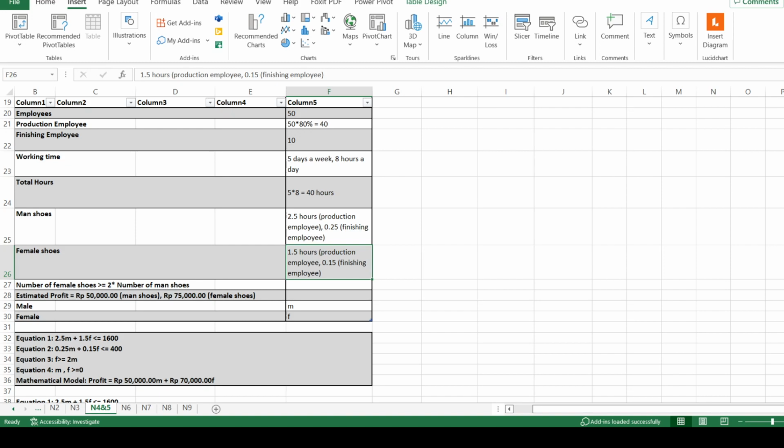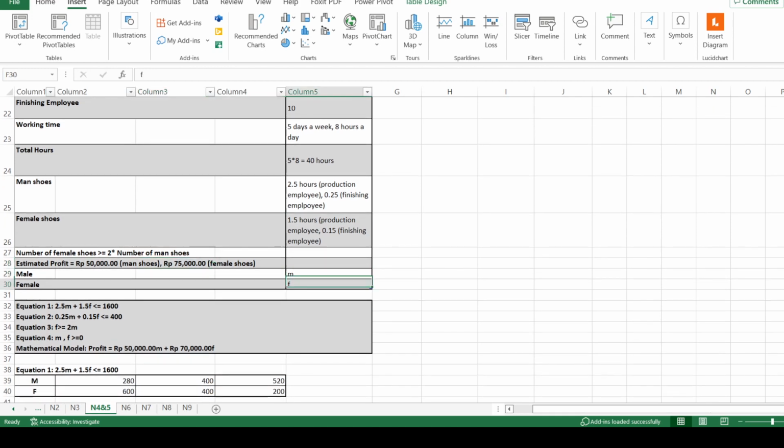This is the estimated profit as given in the data, for male and female. I didn't use X and Y because I think using M and F is more recognizable.